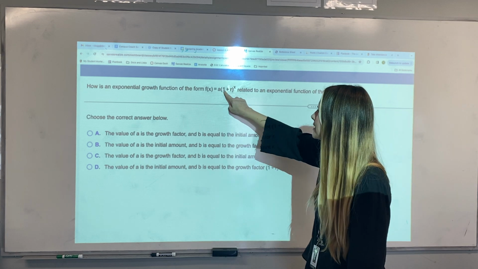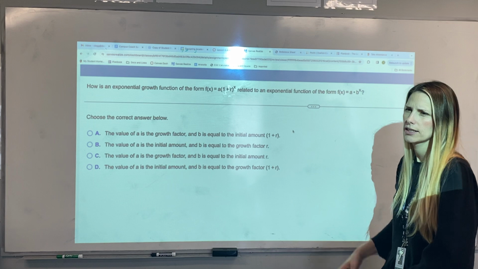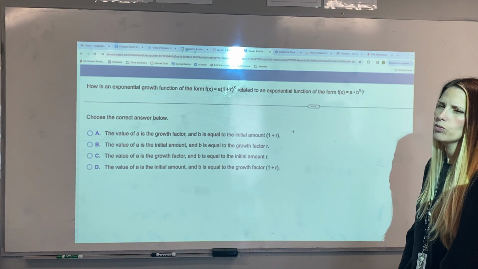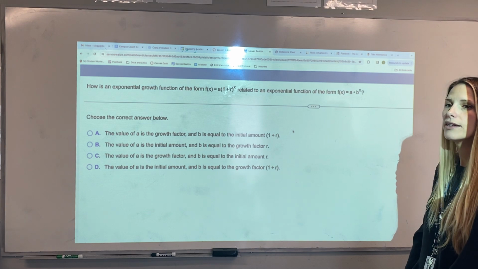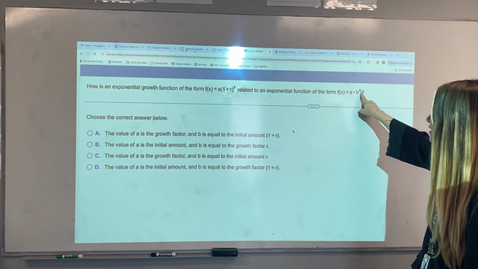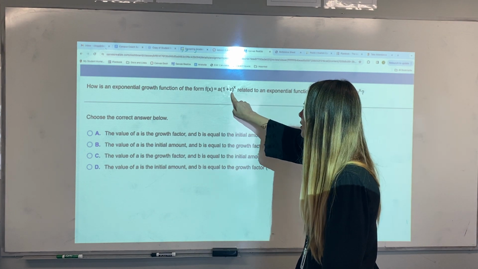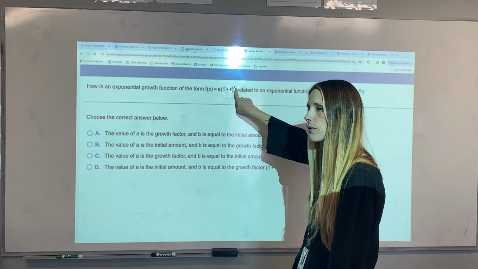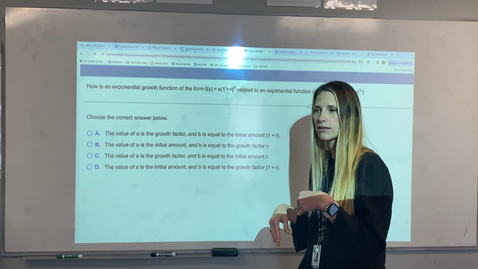And what is the same as the growth factor over here? B. What do we call B? Constant ratio, very good. So we have the constant ratio being raised to the x power, and here we have the growth factor being raised to the x power. They are essentially the same thing.